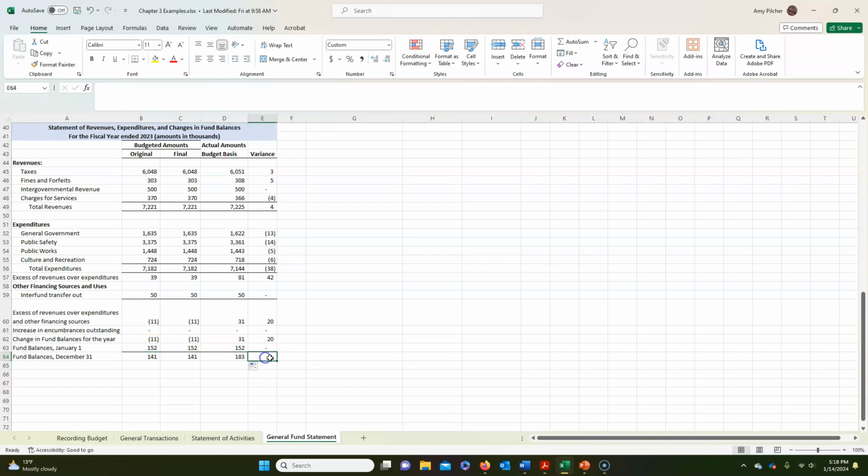So budgeted to actual, and then of course the difference being the variance. Okay, so those are the examples for Chapter 3 that should hopefully help you when you're working on the homework and the City of Smithville simulation.